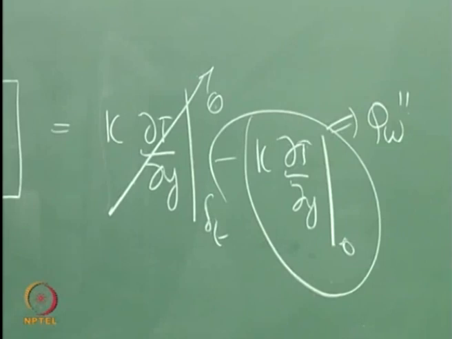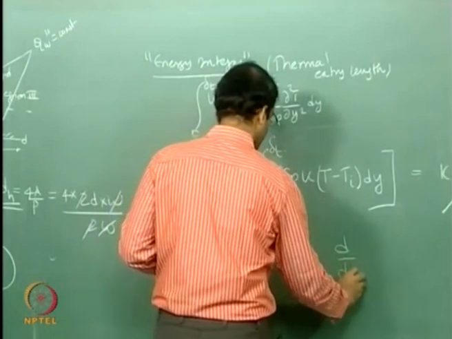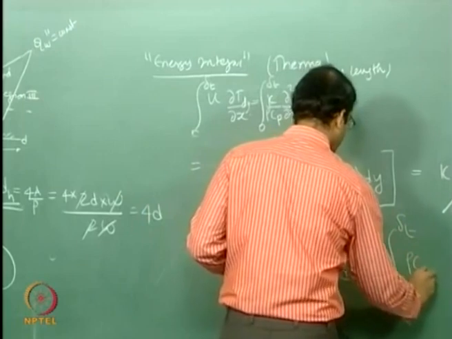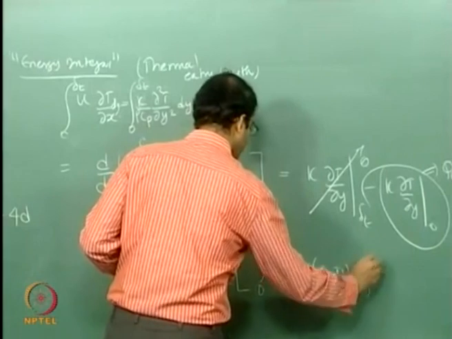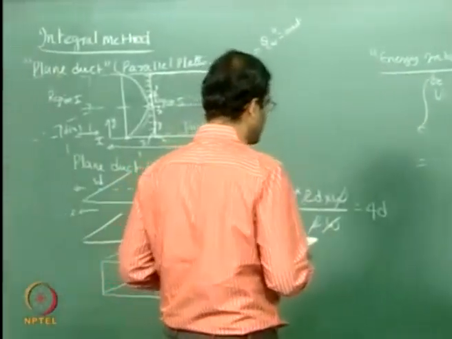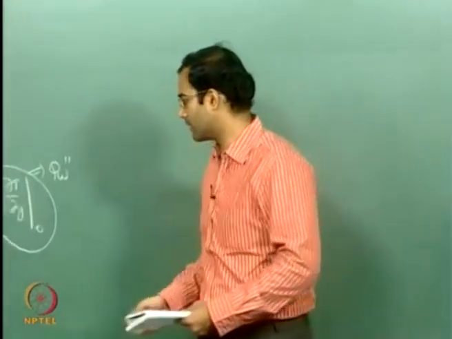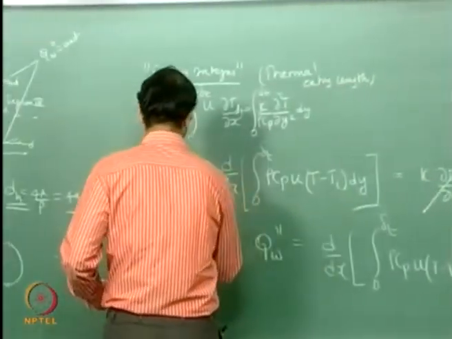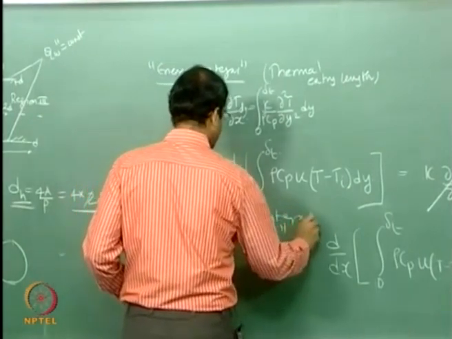Therefore in this case your energy integral simplifies to the integral from 0 to delta t of rho Cp u. Okay, so now what do we need to do? We have the energy integral equation, we will call this number 1. So this is my energy integral equation.